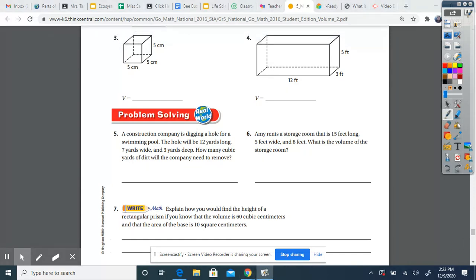The hole will be 12 yards long, that's your length, 7 yards wide, that's your width, and 3 yards deep, which is your height. So you'll just take 12 times 7 times 3 to get your volume.